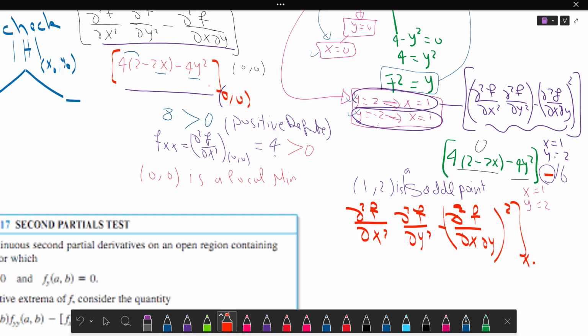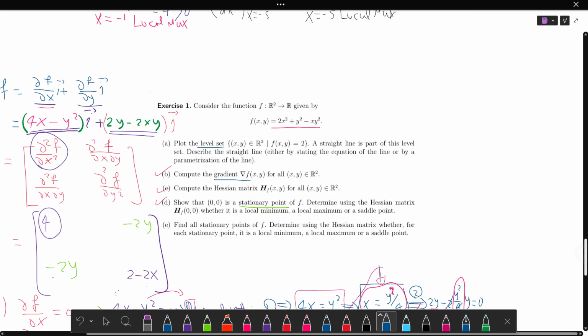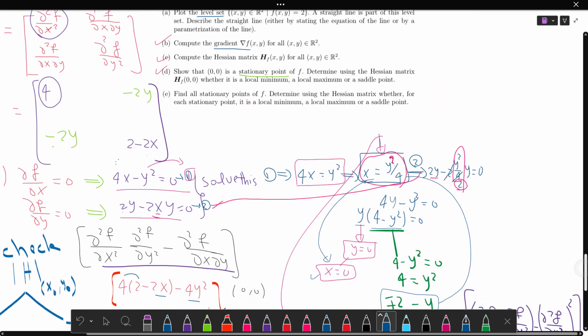X equal to what? 1 and y equal to minus 2. Now I know this value is what? It is the one I got from the Hessian matrix, the determinant of the Hessian matrix is the one I'm looking for.